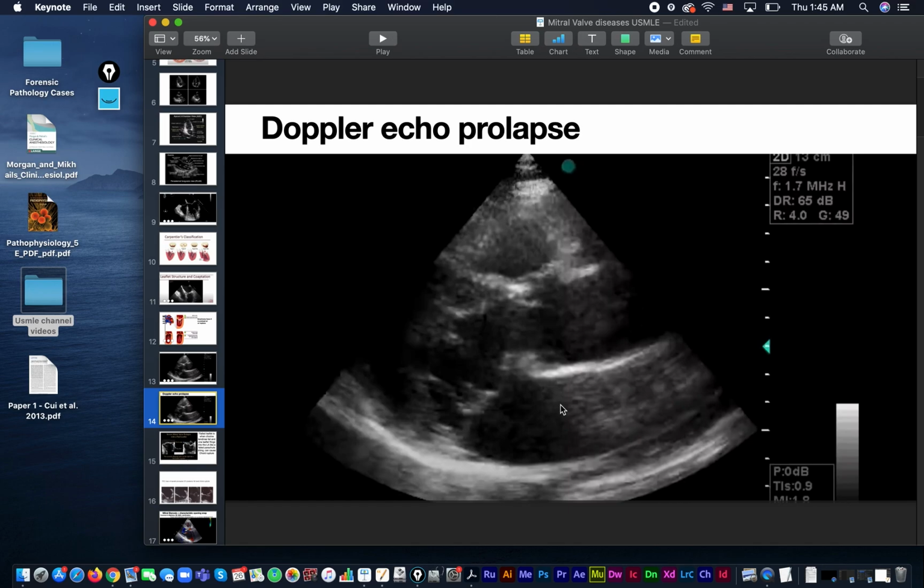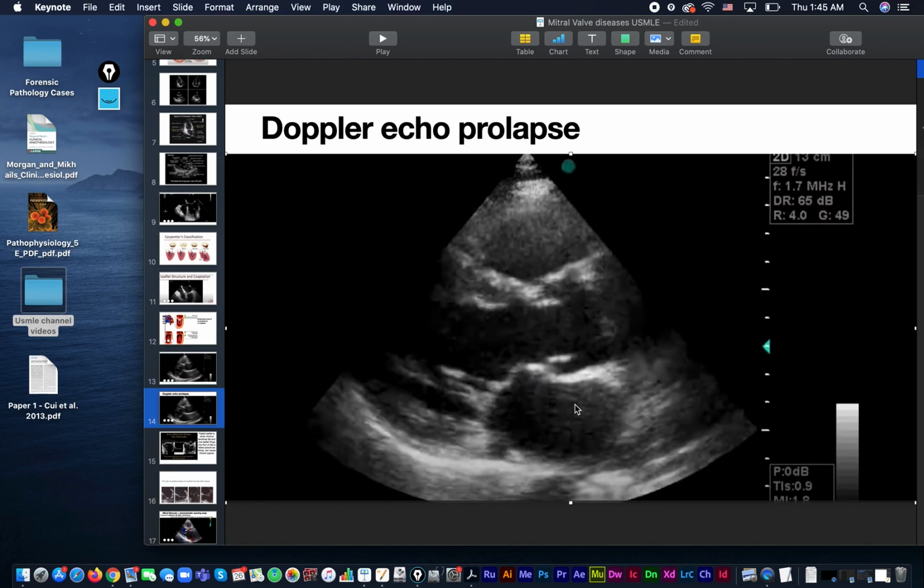Mitral valve prolapse. Again, parasternal long axis view. Just looking here, first identify what's what. We've got the left atrium, ventricle. All right, let's give it a play.